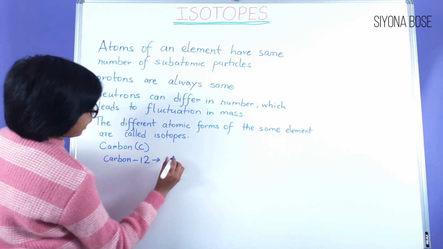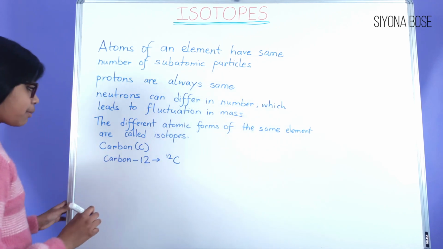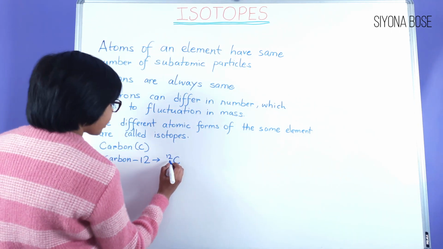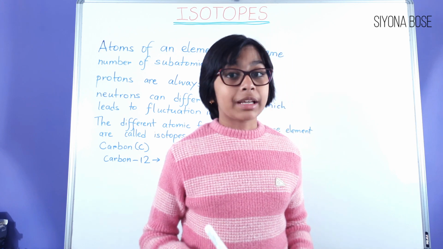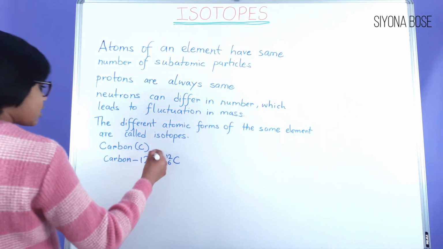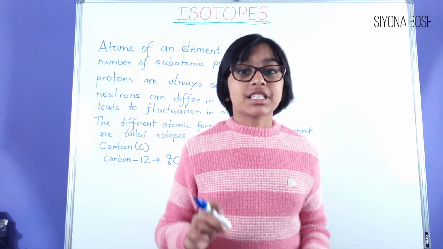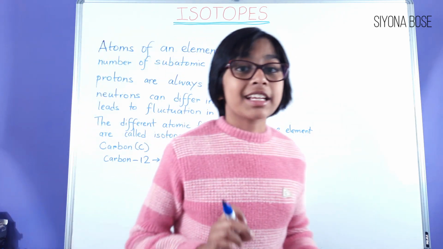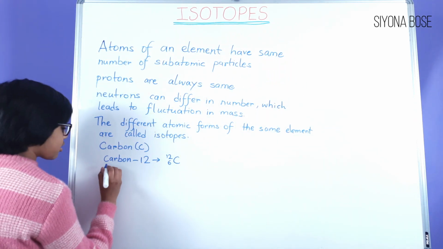It can be written with 12 in the superscript to the left of the symbol C, and then the number of protons, or the atomic number, which is C12-6. The rest 1% is made up by carbon 13, which is rare, as you can understand.